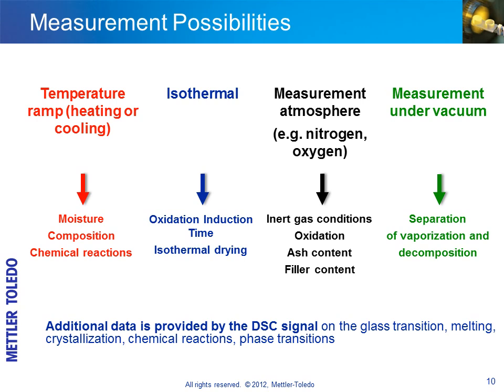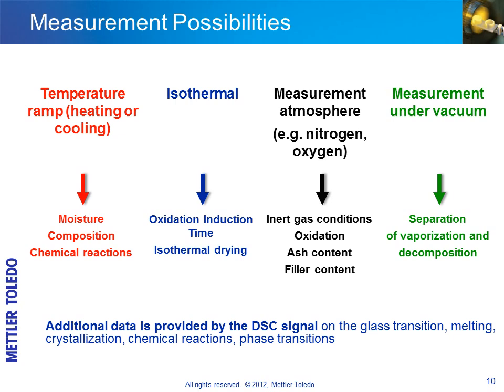The atmosphere is often switched from inert to oxidative to burn the carbon black and determine the ash or filler content. Measurements under reduced pressure or vacuum are employed to separate overlapping effects of vaporization and decomposition.